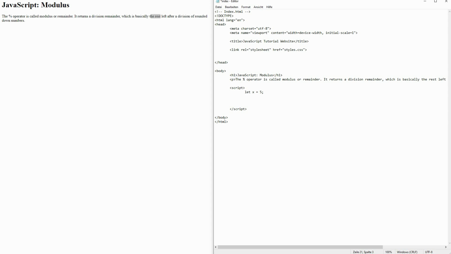Let me define a let of x equals 5, print it out. And x remainder 2 would now be 5 divided by 2, which is 2.5.